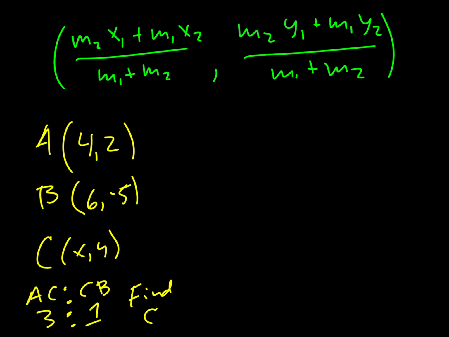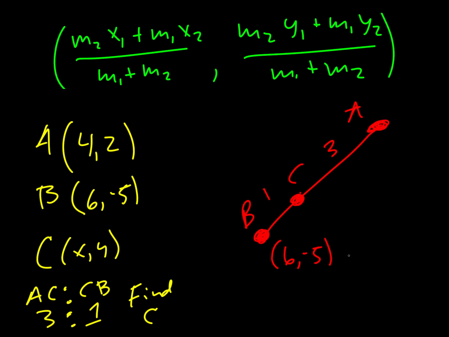Once again, draw a diagram. It doesn't really matter. CB is shorter, so A, B, C. This is the shorter one, so this is going to be our 1, and this is going to be our 3. B is at 6, negative 5.